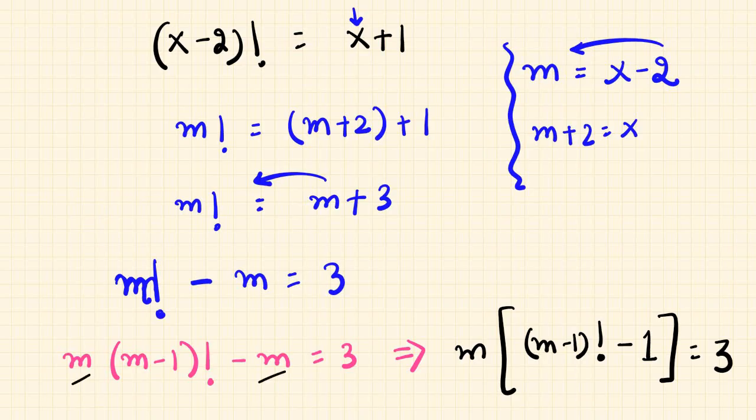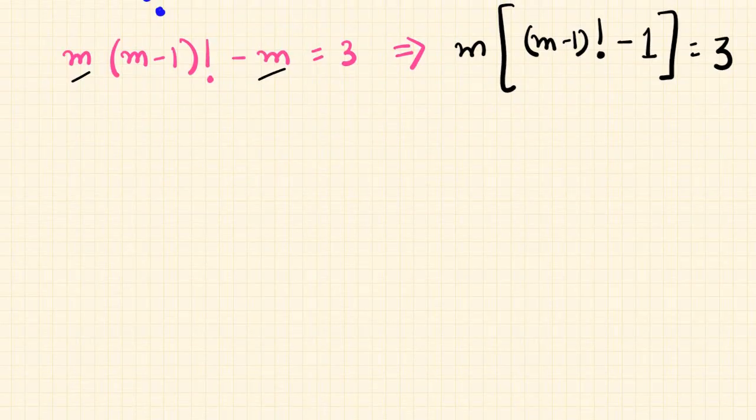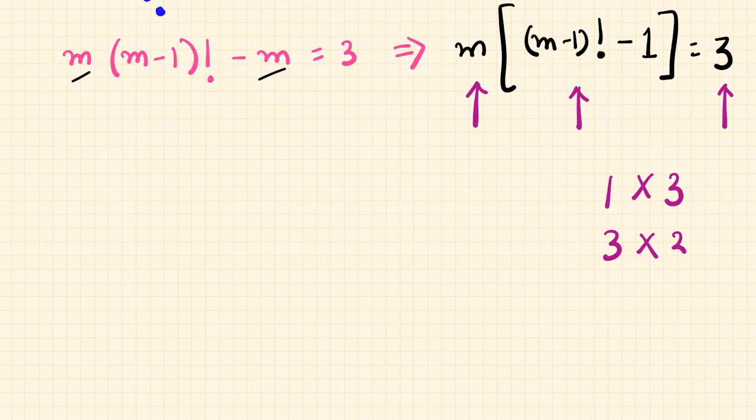Continuing, when I have such an equation, I know that this multiplied by this gives me 3, right? And you know the factors of 3: either 1 multiply 3 or 3 multiply 1. So let's try here.